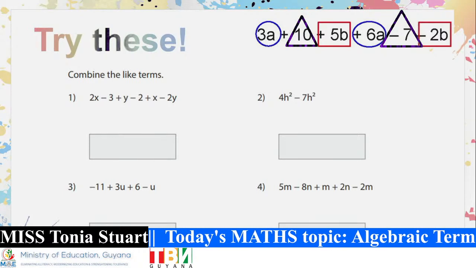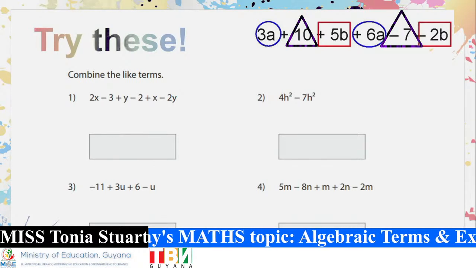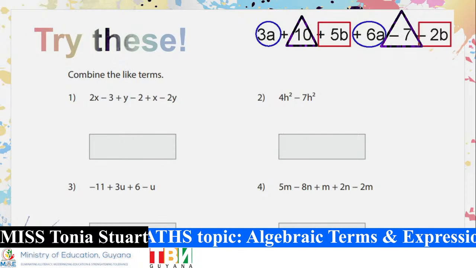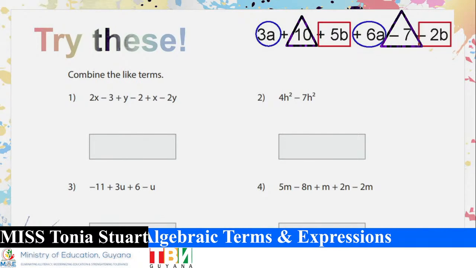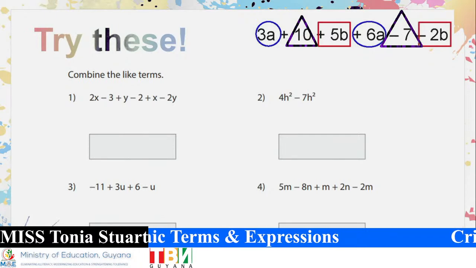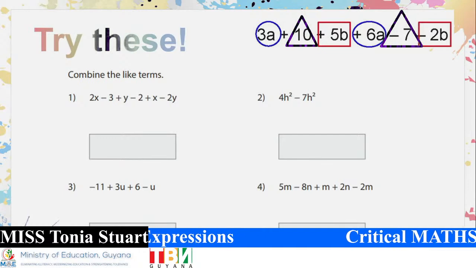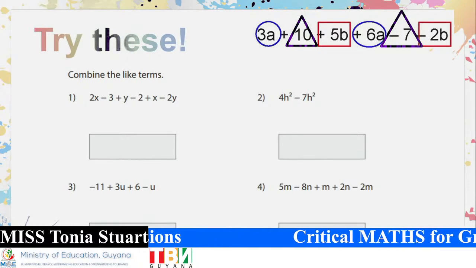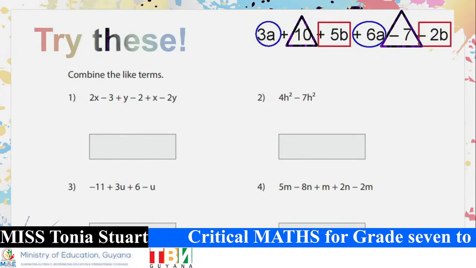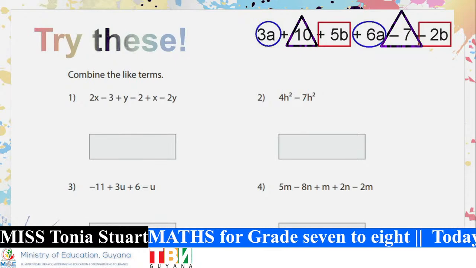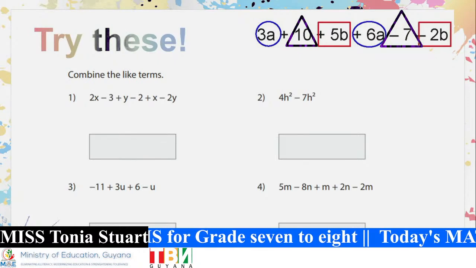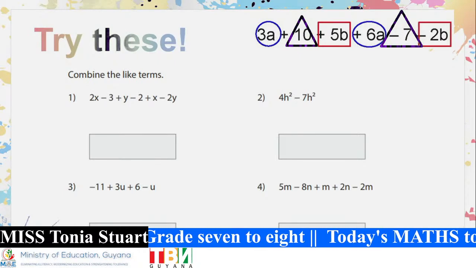Okay. Akila, sorry. We have 5m minus 8n plus m plus 2n minus 2m. So I'm going to group the like terms by taking 5m plus m minus 2m, and then I'm going to use minus 8n plus 2n.